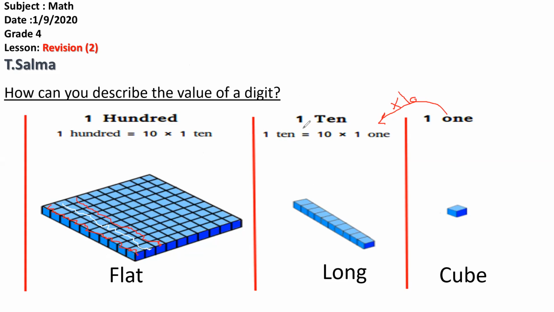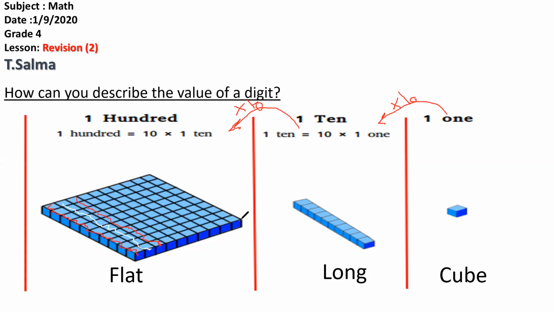That's why yesterday I told you that if I want to move from the tens digit to the hundreds digit, I have to multiply the number by 10. Multiplication here means I have to repeat the long 10 times.